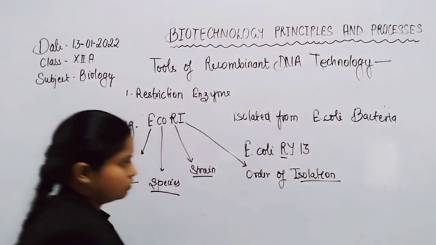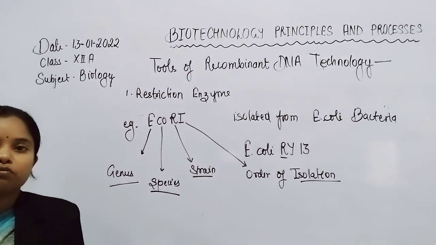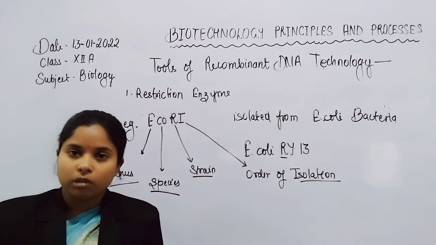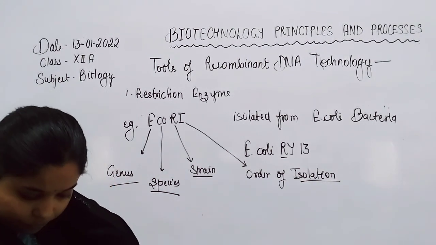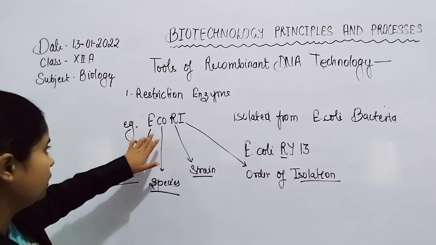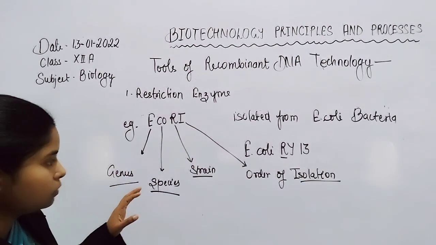This is the overall naming system of restriction endonuclease enzymes. The example is EcoRI.